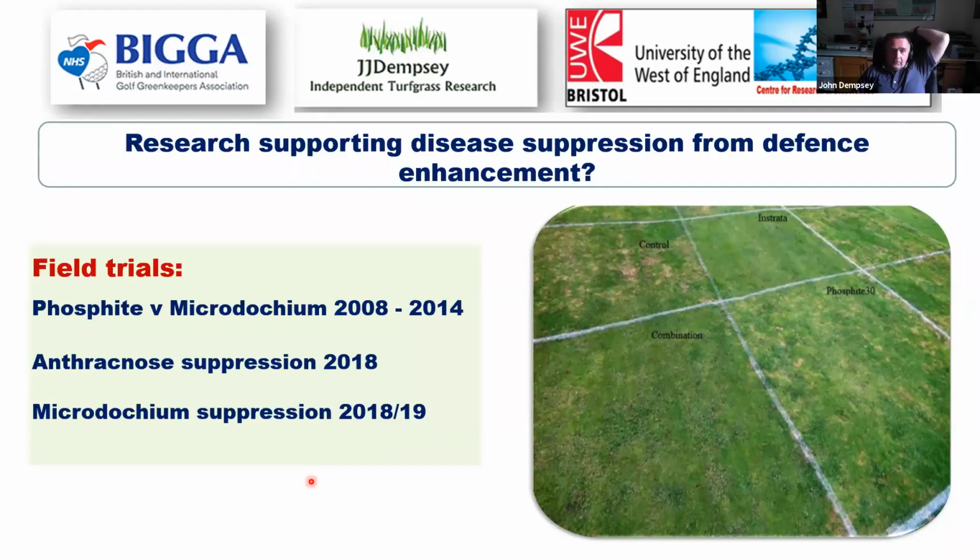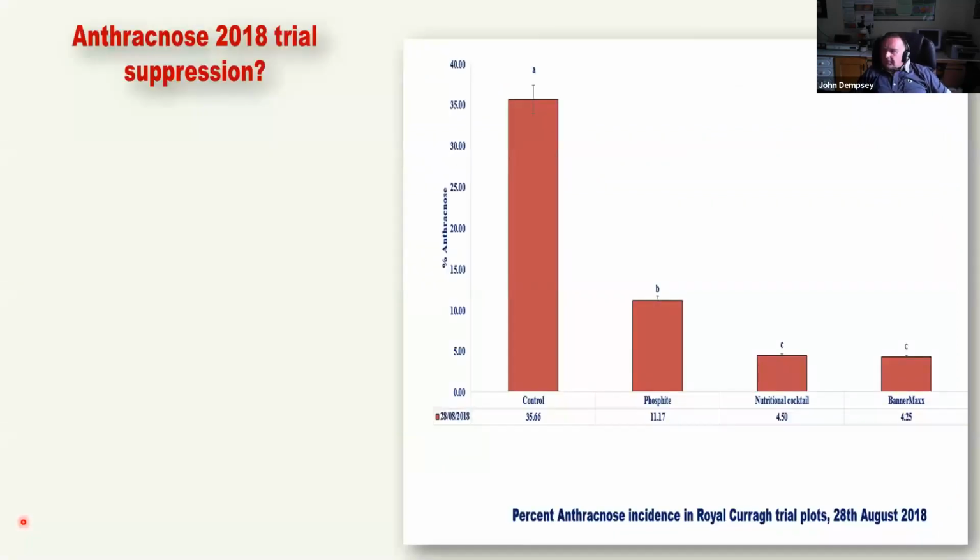So, research supporting defense enhancement. Well, we saw the 2008 to 2014 one, I just mentioned that. But 2 I'm just going to briefly mention are the anthracnose suppression in 2018 and Microdochium in 2019. So this is anthracnose, and you can see in this chart, Banner Maxx, very low levels of anthracnose, control pretty high.